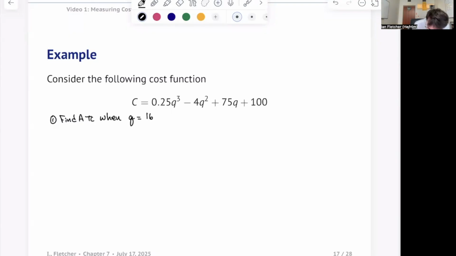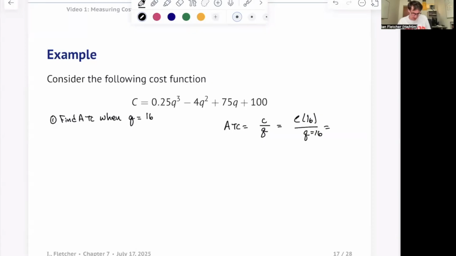Well, we know our average total cost is just C over Q. And so our cost at 16 units over Q, which would be 16, is going to be 0.25 times 16 cubed minus 4 times 16 squared plus 75 times 16 plus 100.